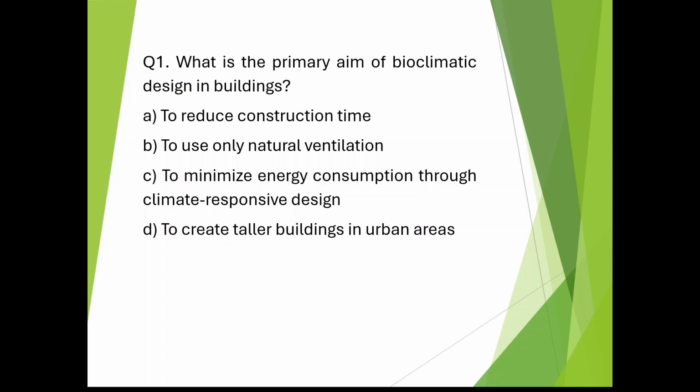What is the primary aim of constructing this bioclimatic design? Out of the four options, which is the most appropriate one? Try to answer that option. Let's give 1 minute time and see how many of you can answer it correctly, and how many of you understood the concept of bioclimatic design.